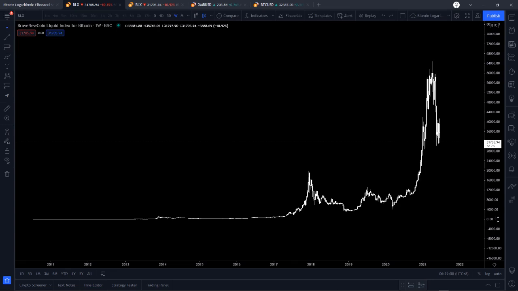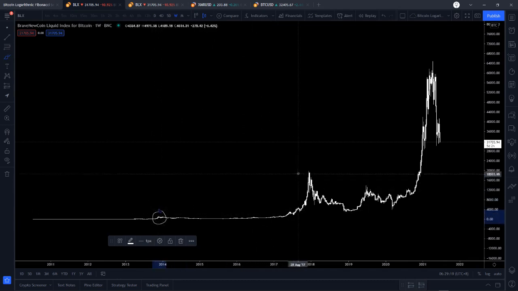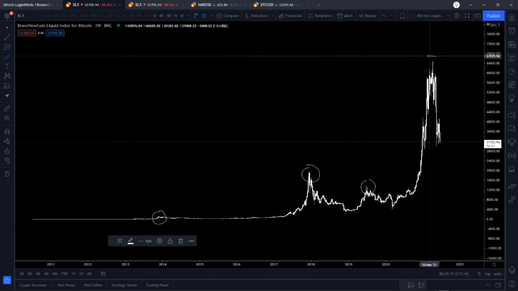Taking a look at this chart, you can see that there are many small cycles relating to the price of Bitcoin. Here we have one back in 2013, another one at the end of 2017, another one in 2019, and another one right now.